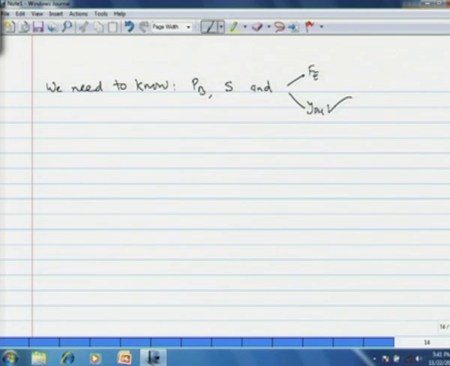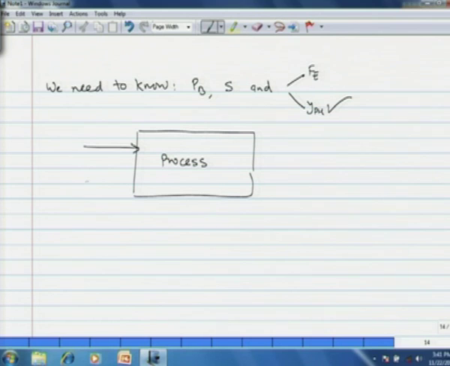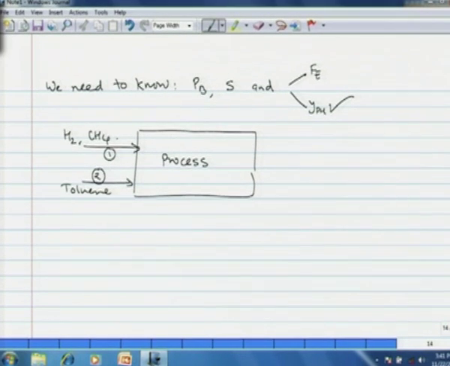Thus, now we can write a stream table. First, we draw the process. Then we number the streams. The two feed flows are numbered as 1 and 2.